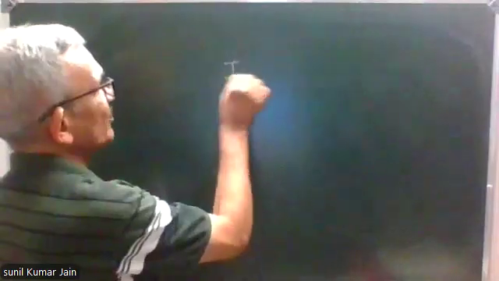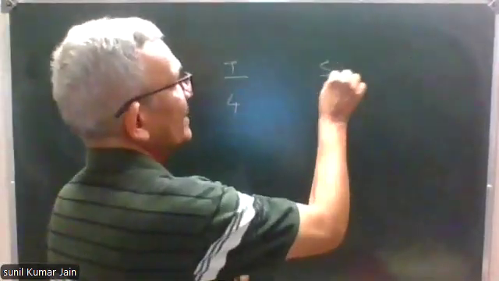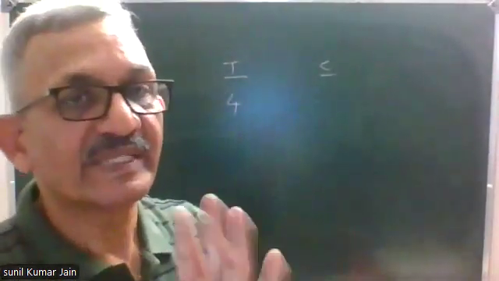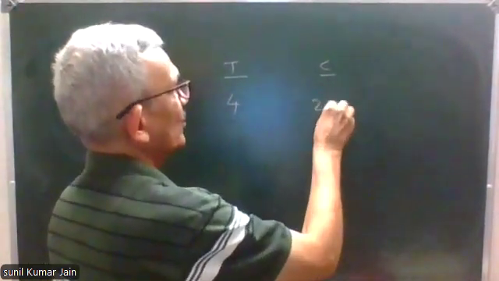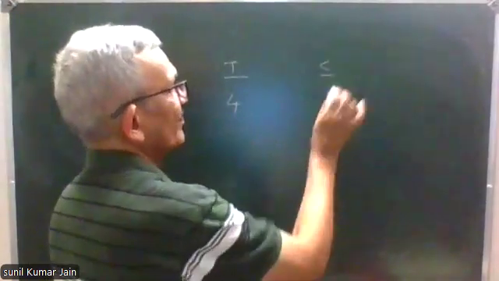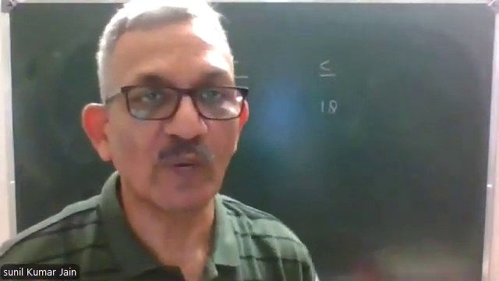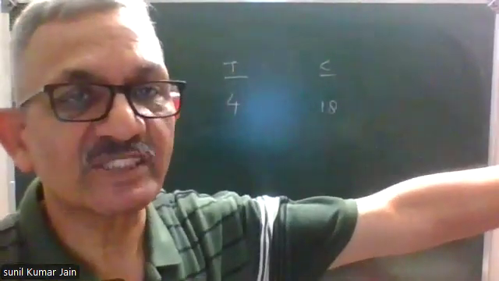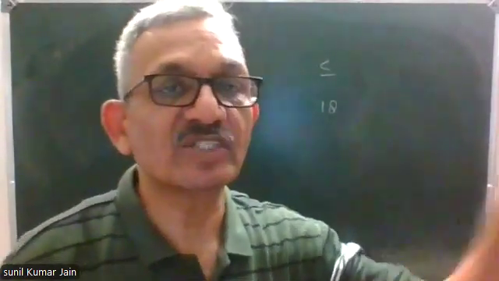Let us say in one day, they make 4 tables, and in one day, they make 18 chairs, right? In one day, one section makes 4 tables, the other section makes 18 chairs.